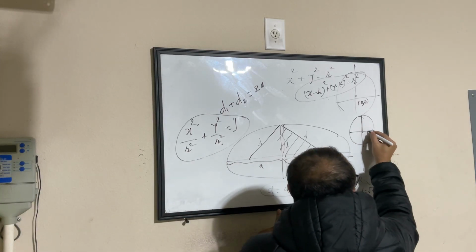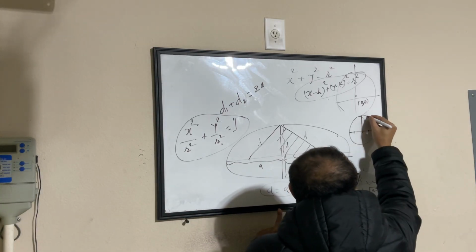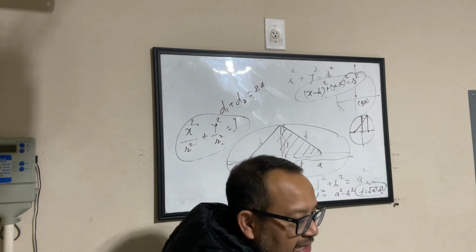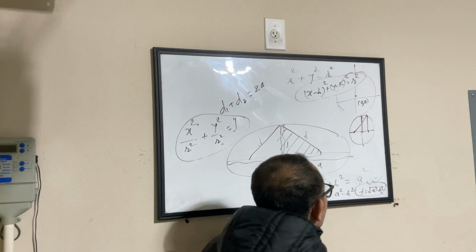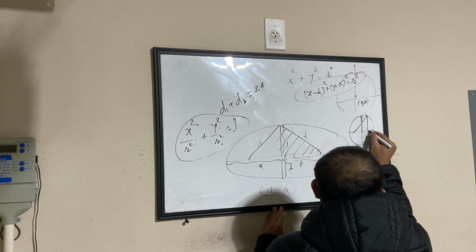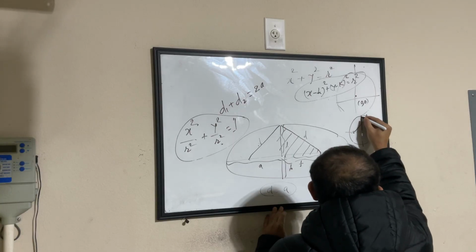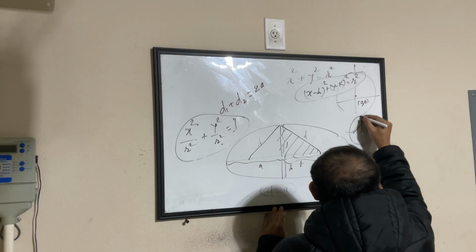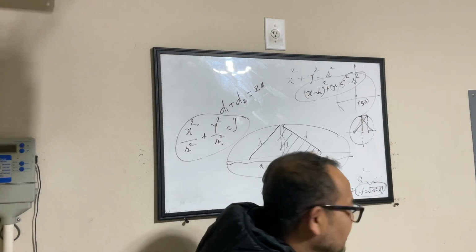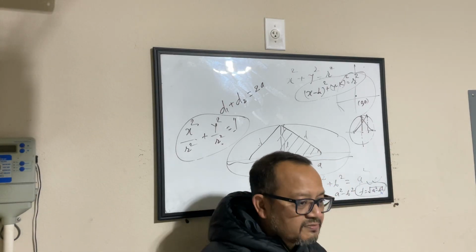Foci would be 2 points. Pick up any point, it will be equal to 2 times a or 2 times radius. Now you pick up this point here, same thing, 2a. You pick up any point here, this and this, will become again, you can relate that with the concept that we've learned with foci.